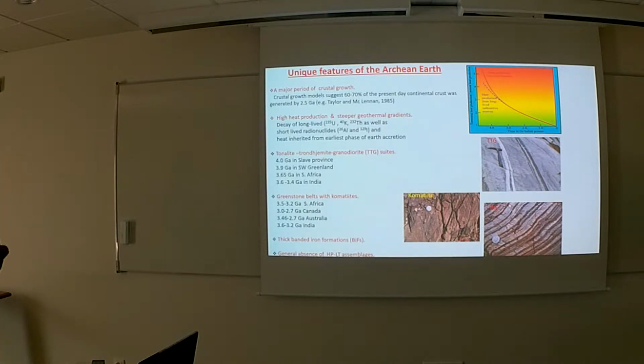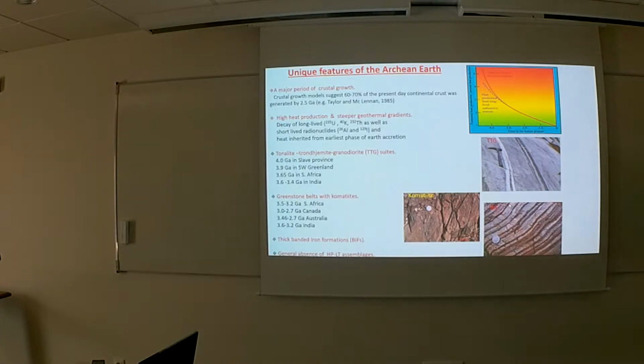This high thermal flow, or the hotter mantle, is mainly because of the decay of long-lived radiogenic isotopes, uranium-235, potassium-40 and thorium-232, together with short-lived radionuclides like Al-26 and I-129. In addition to this, the huge accretion during the Archean has contributed to the high thermal budget of the Archean Earth.